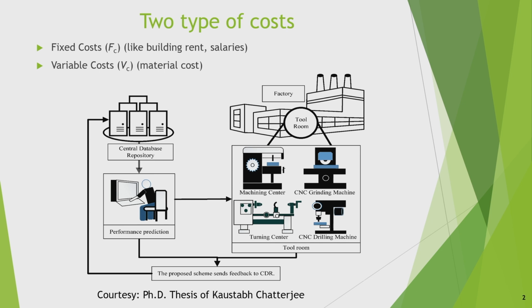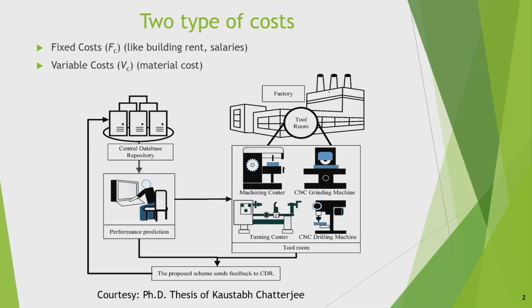But the fixed cost is not dependent, because suppose I have hired a building, now the building's rent will remain the same whether I make 5 units or 10 units. But the variable cost will change. If I make 5 units, I will have to spend less. If I make 10, then I have to pay more.